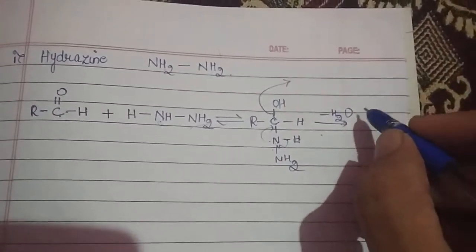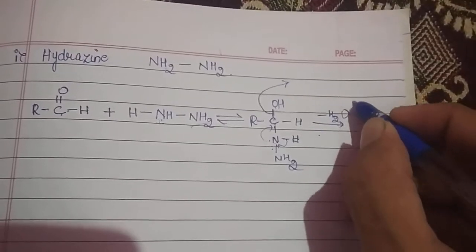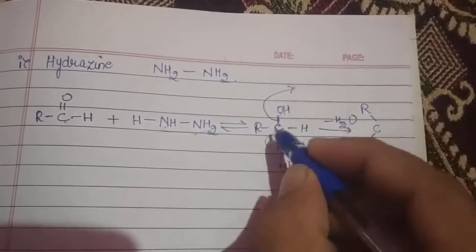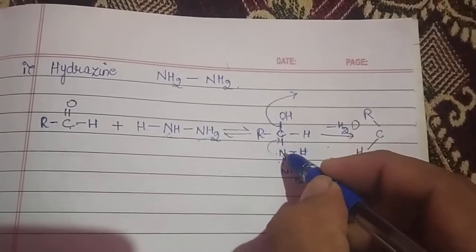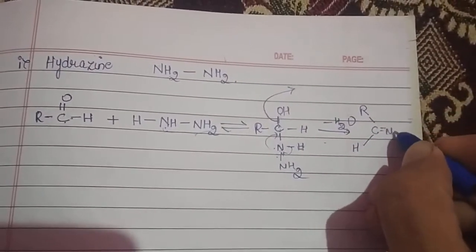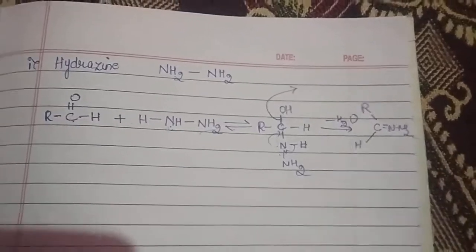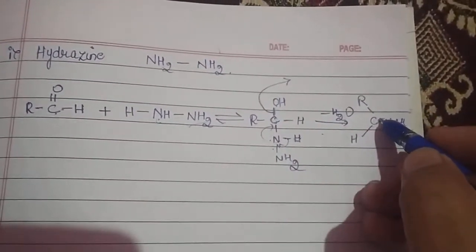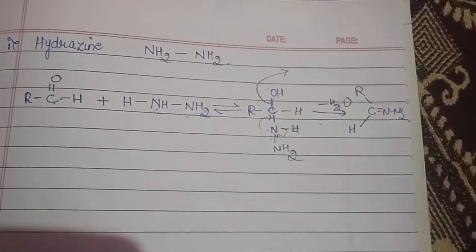So the final expression I would be having as R single bond C single bond H. Now C and N have a double bond character, NH2. You can just note it down. The same way as we have written yesterday, the format is the same.